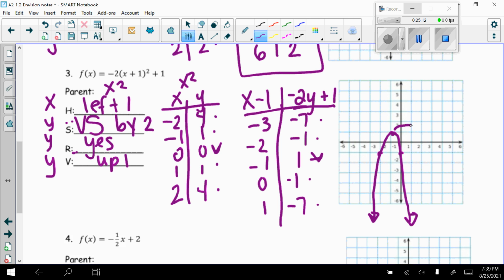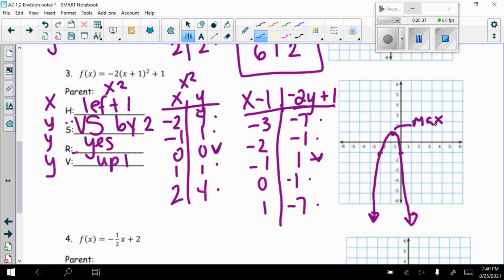So that means that this, my vertex, is a maximum, right? It shifted the vertex from 0, 0. It shifted it over 1 and up 1. And it vertically stretched it by a factor of 2. So if I was pulling the top and the bottom, it stretched it or made it get narrower.